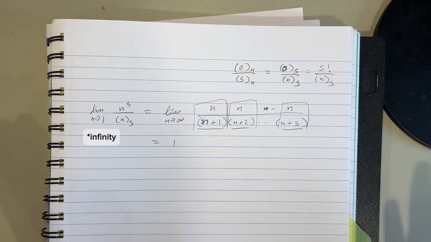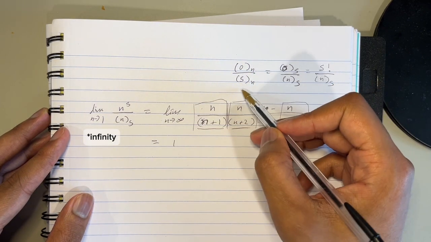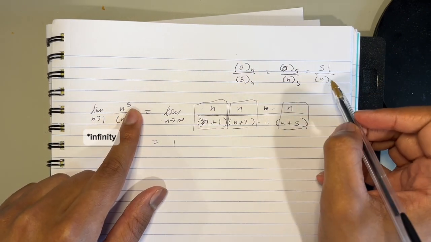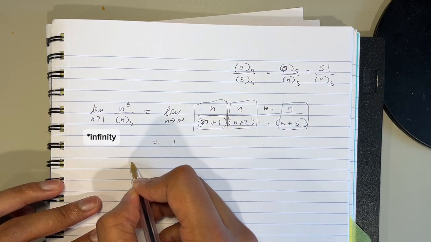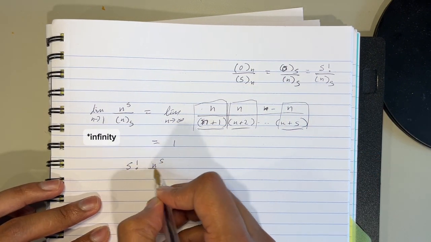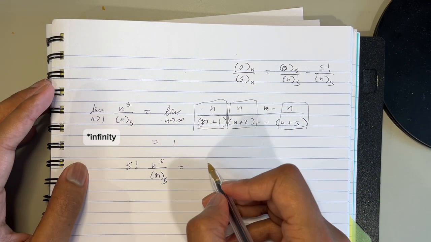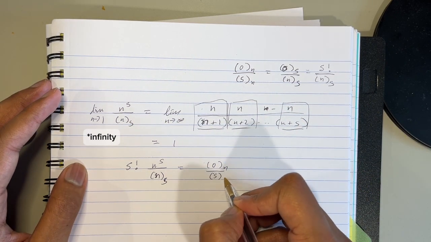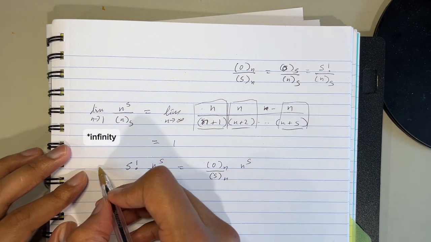Okay, and how is this useful? So what we're going to do is multiply this side of the equation by n to the s. So what do we get? We get s factorial n to the s over the Pochhammer symbol, which is this side. We're going to do the exact same thing to the other side, and we're going to send both sides to infinity.